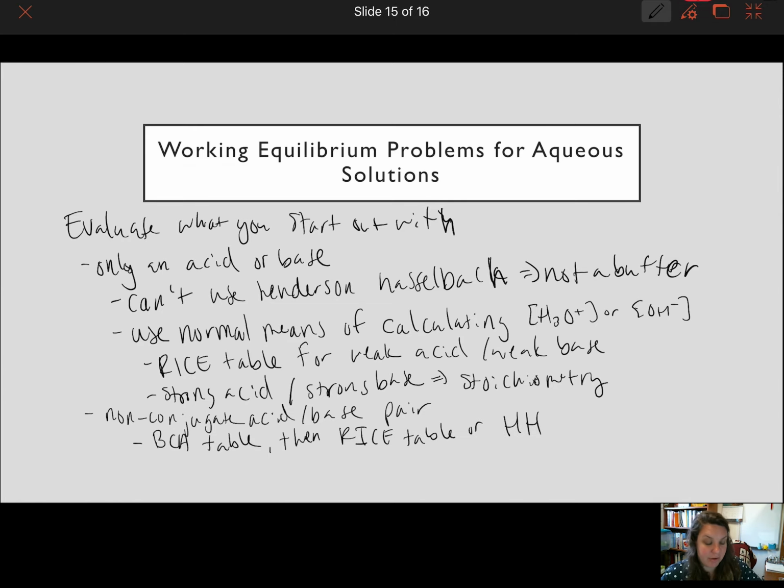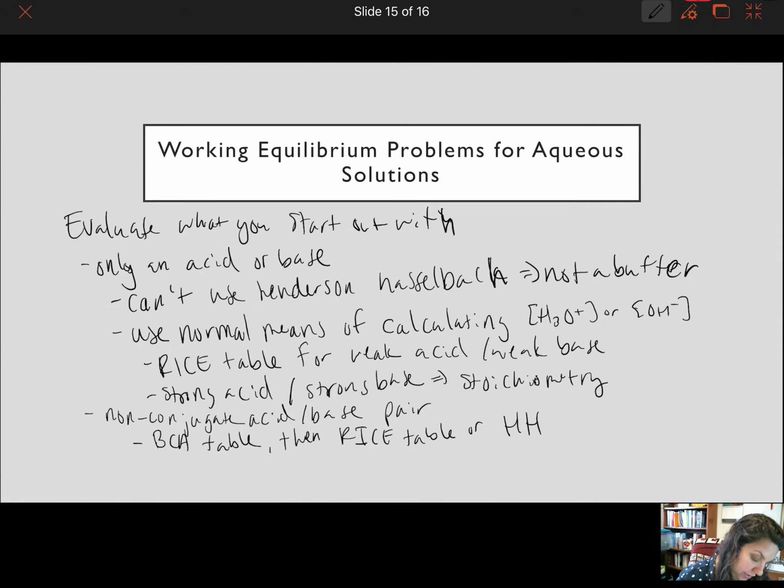So if we have a non-conjugate acid-base pair, then we need to figure out what we have by doing a BCA table. Then if we have weak acid or weak base left over, we can use a Rice table. Or if we do not have a weak acid or weak base, or if we have a weak acid and weak base that form a buffer, then we can use our Henderson-Hasselbalch.